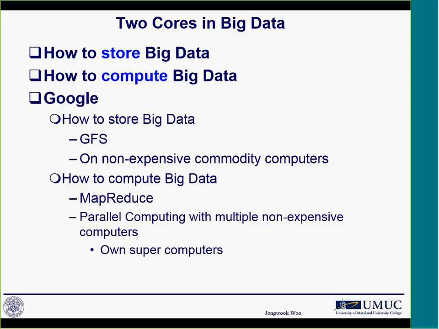Their computer scientists and engineers adopted the MapReduce approach to process this large-scale data set. It is distributed parallel computing with about 15,000 non-expensive commodity servers. So Google actually found a way to own supercomputers, because a supercomputer is nothing else but a parallel computer.